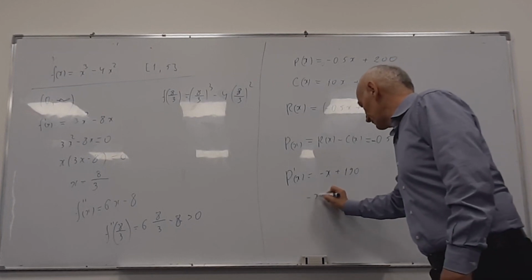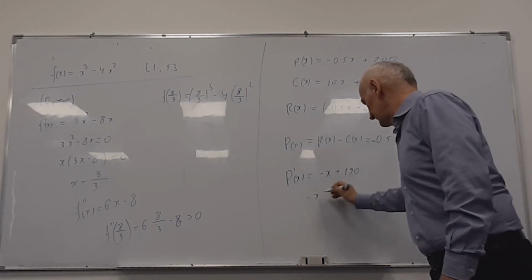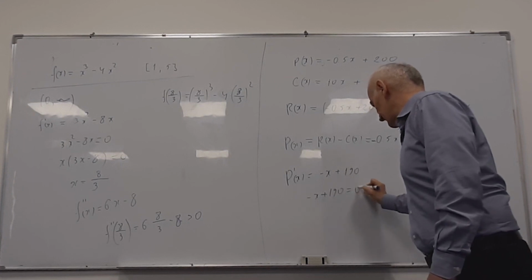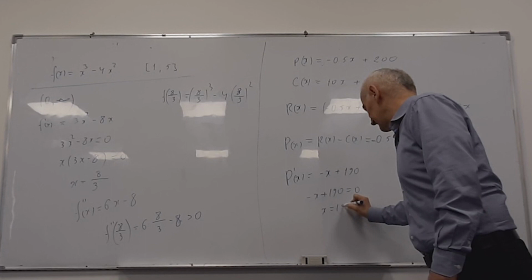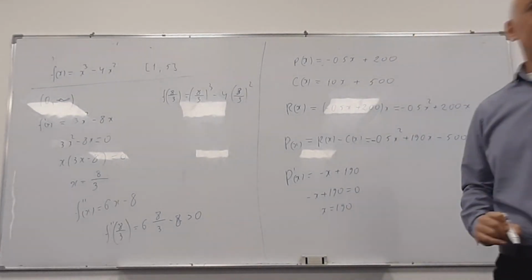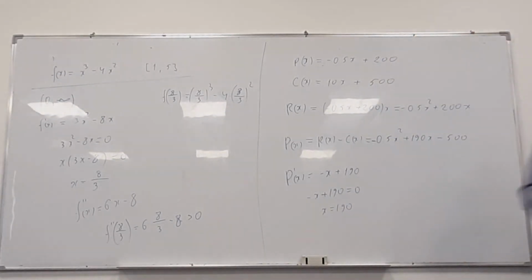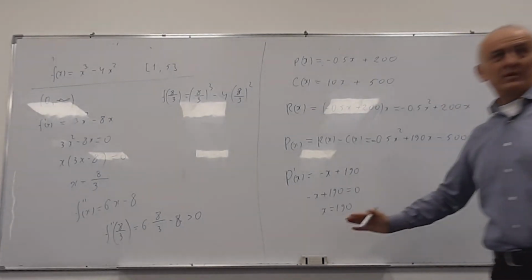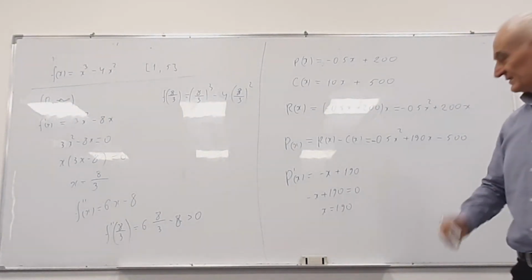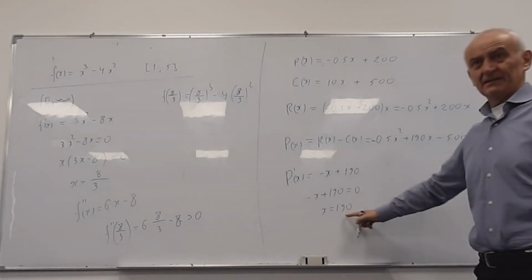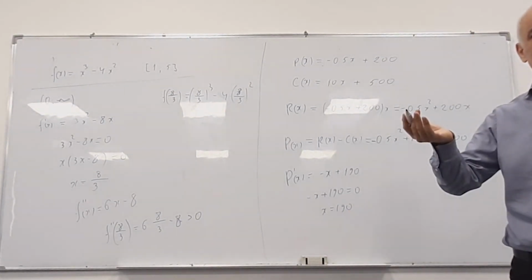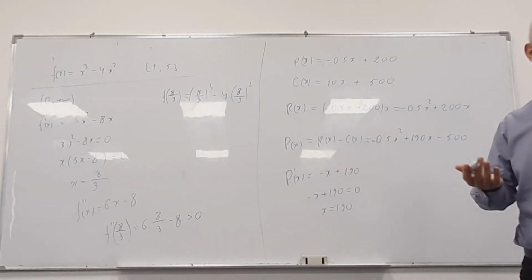It's going to be minus x plus 190 is 0, and so x is 190. Now, how can we interpret this result? What it means? It means company should produce 190 items to have maximum profit. And how to find this maximum profit?